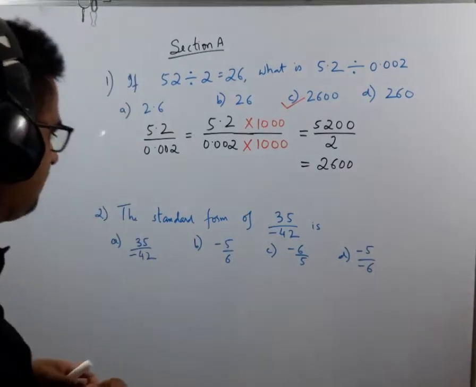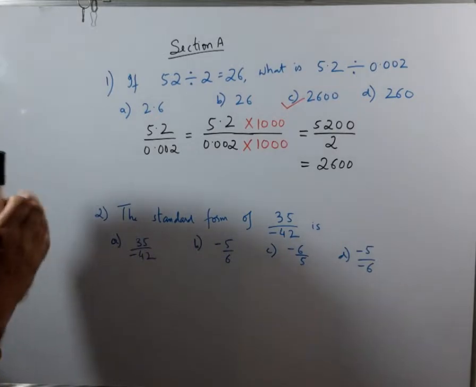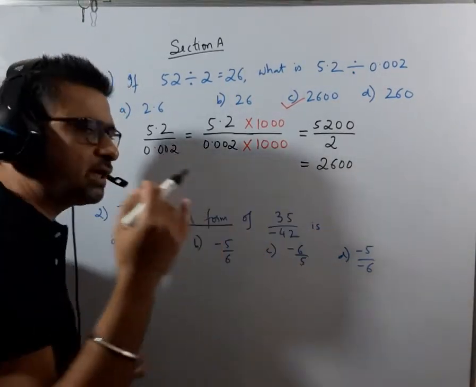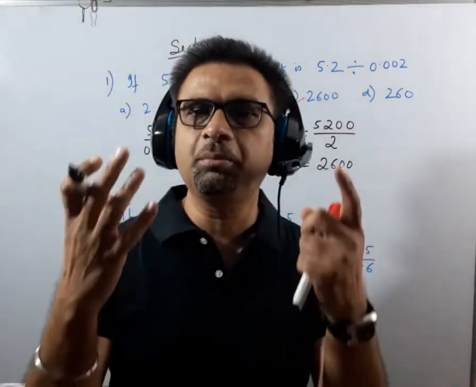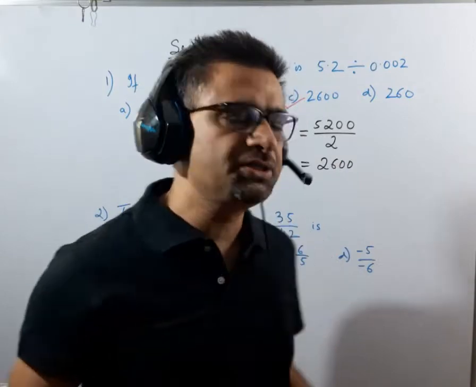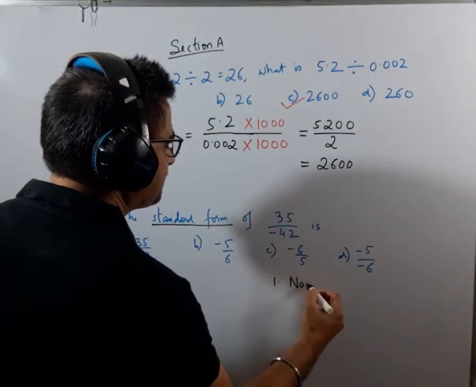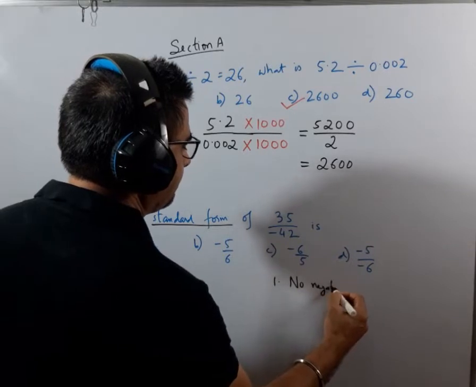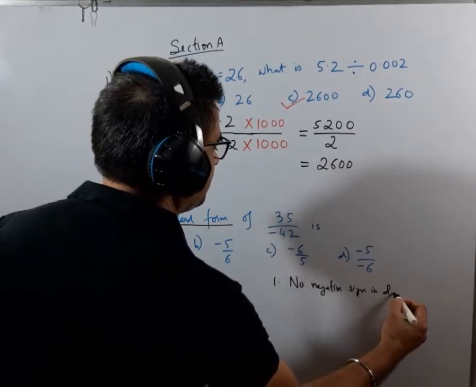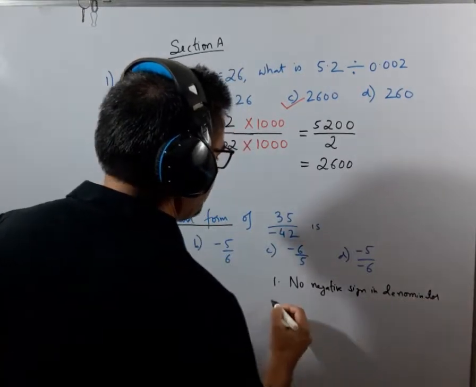Now let's come to the standard form. So we must know what standard form is. There are two conditions that a rational number must meet to be called a rational number in standard form. 1, no negative sign in the denominator. So the denominator must have no negative sign.